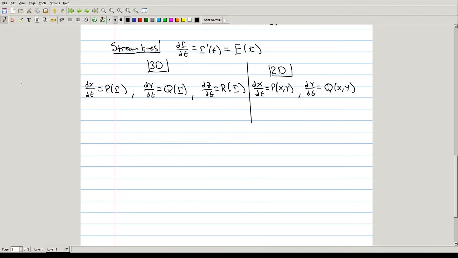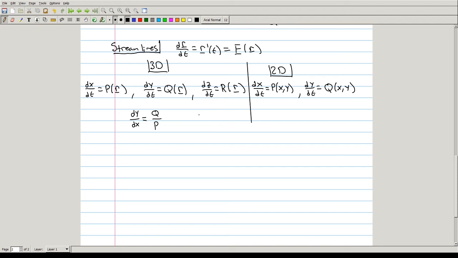And in either of these cases, we can use what we know about derivatives to rewrite this system of differential equations in a way that gives us slightly simpler equations for relating y and x and z. Specifically, we know from our parametric differential equations that dy dt over dx dt is the same thing as dy dx, assuming these are nice enough functions.